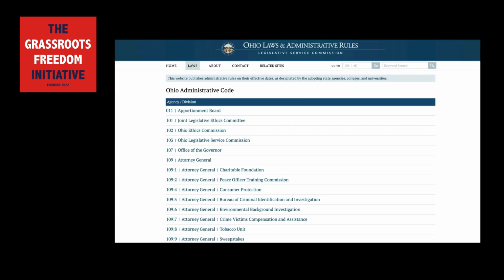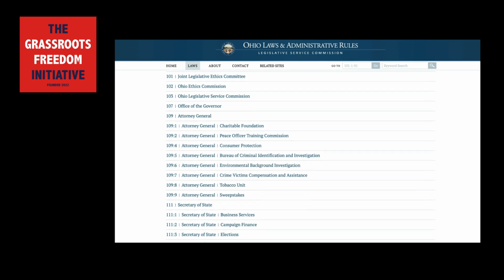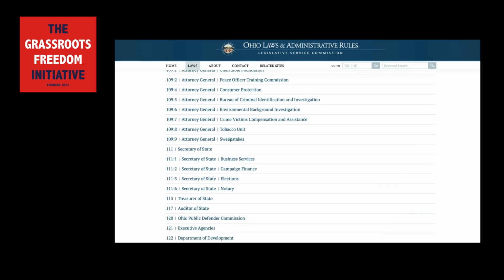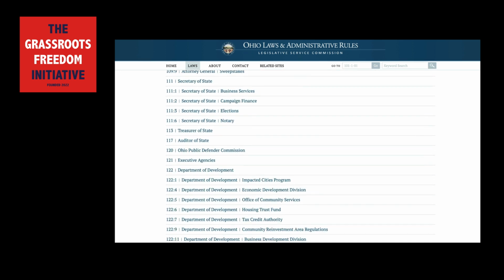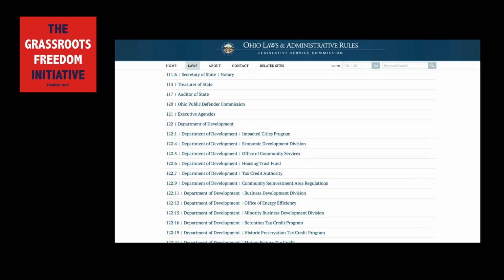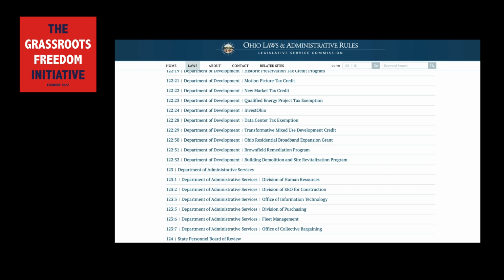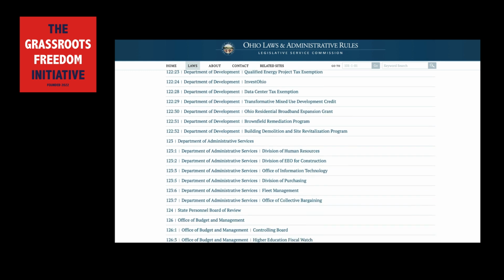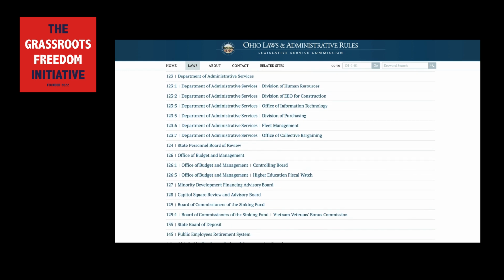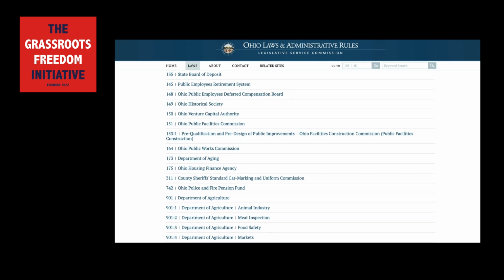These rules provide specific details, procedures, and standards needed to carry out the intent of laws passed by the Ohio General Assembly. For example, while the ORC may state that businesses must ensure accessibility for disabled individuals, the OAC specifies how this must be achieved, such as building design standards and inspection processes.